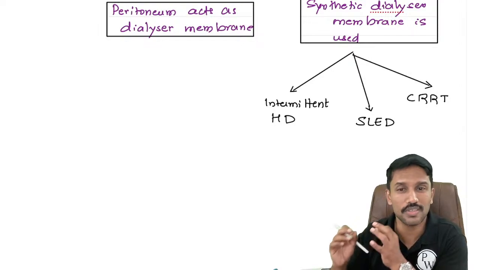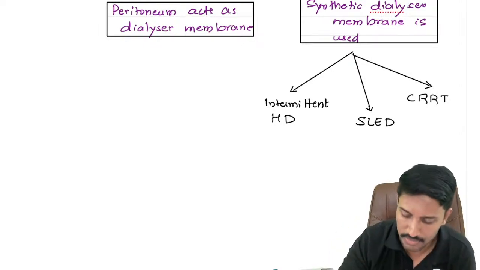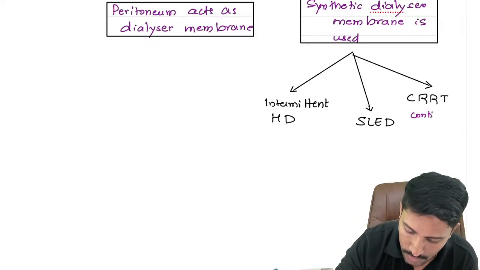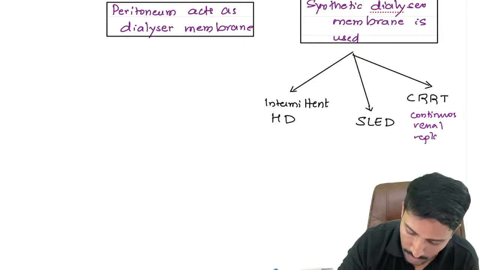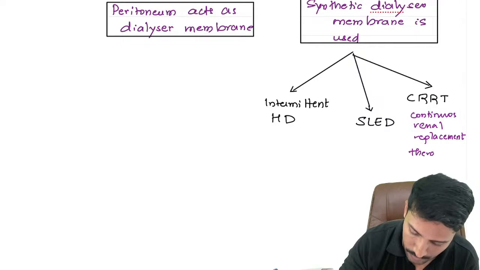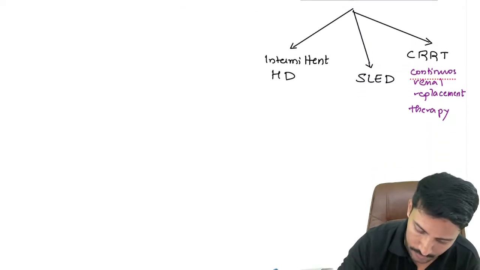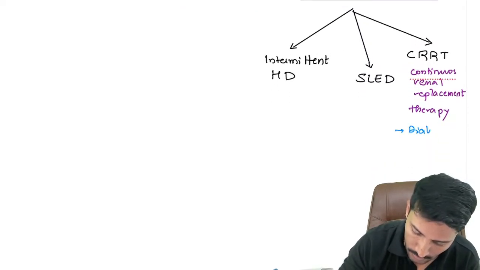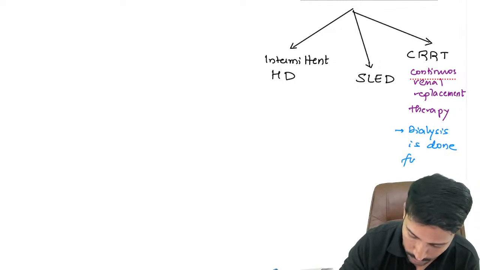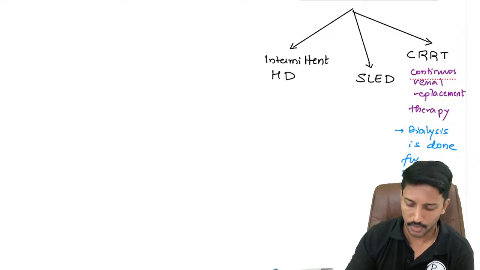Trying to come close to this normal physiology is CRRT, which refers to continuous renal replacement therapy, where dialysis is done for 24 hours, 7 days a week. Okay.